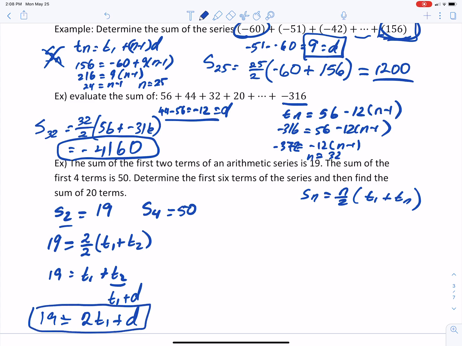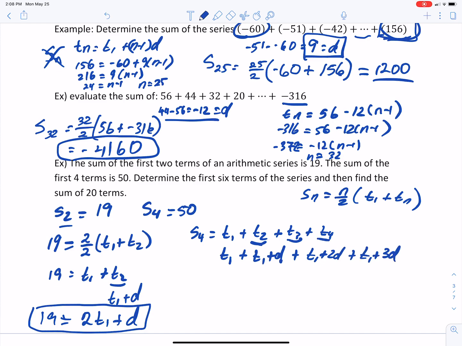And now the sum of 4 would be term 1 plus term 2 plus term 3 plus term 4, right? And term 1 is term 1. This is term 1 plus the common difference. This is term 1 plus the common difference twice, and so on. Term 1 plus 3 common differences would be the last one. And so this was 50.